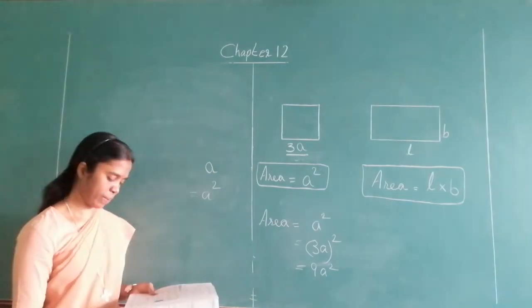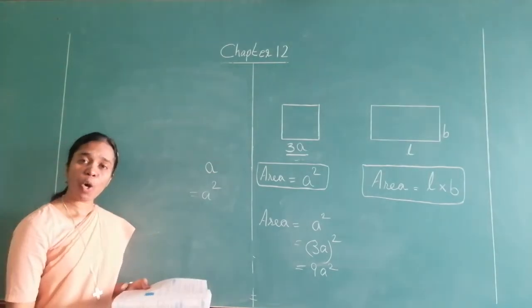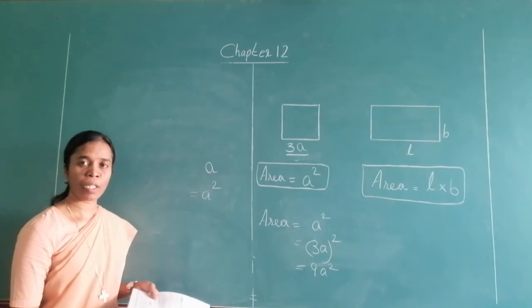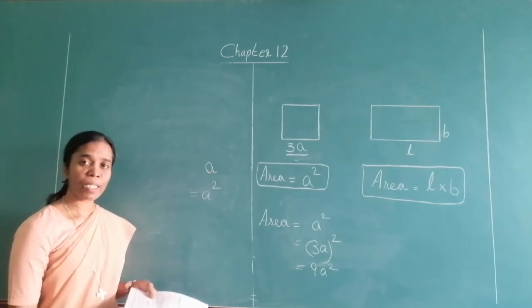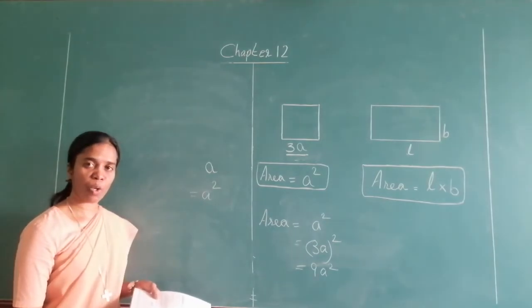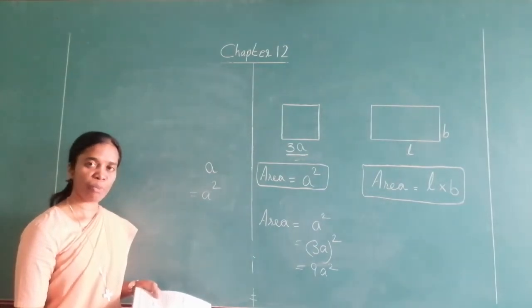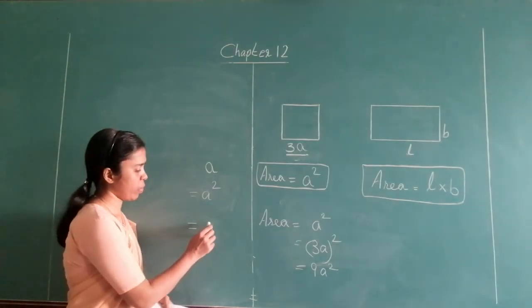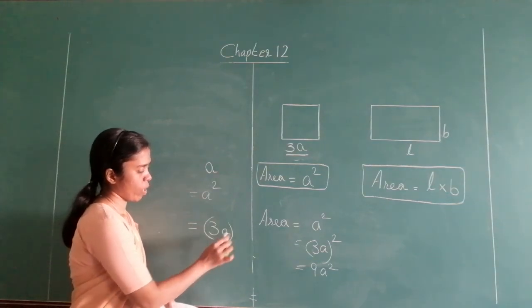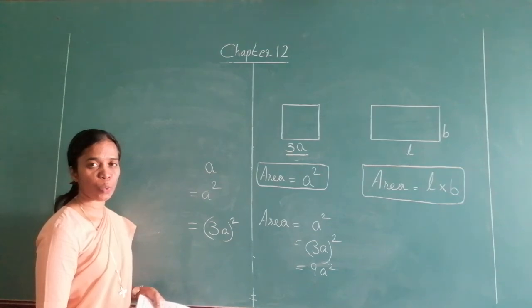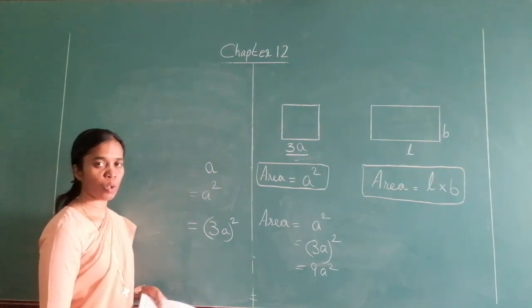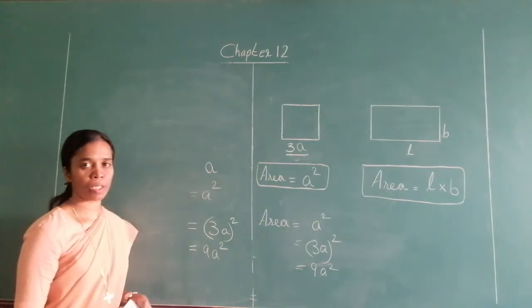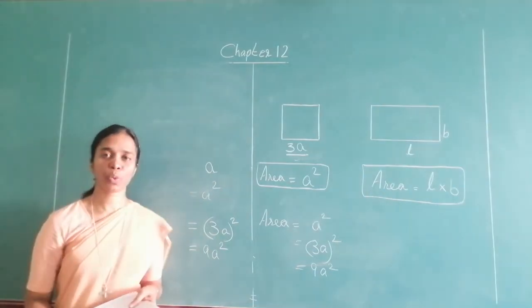Next, area of a square with tripled side equal to 3A the whole square, that is equal to 9A square.